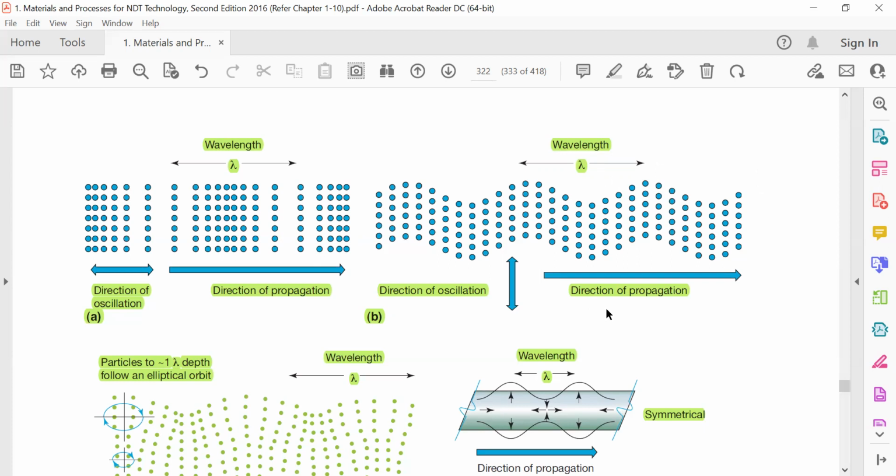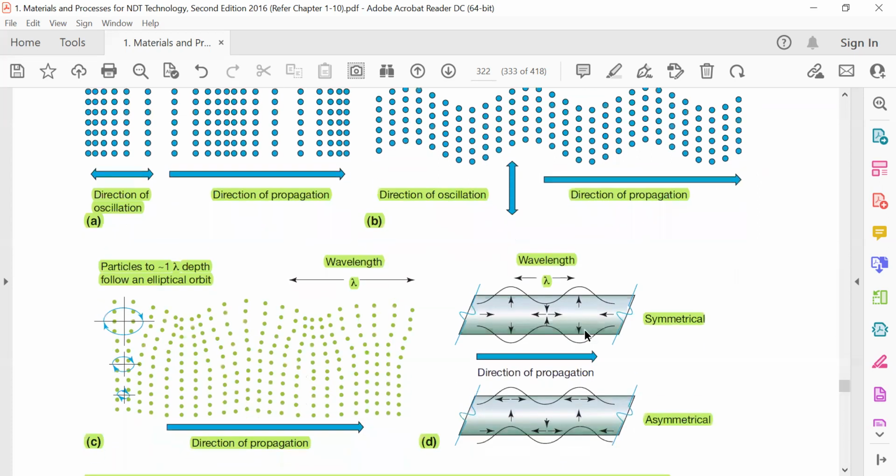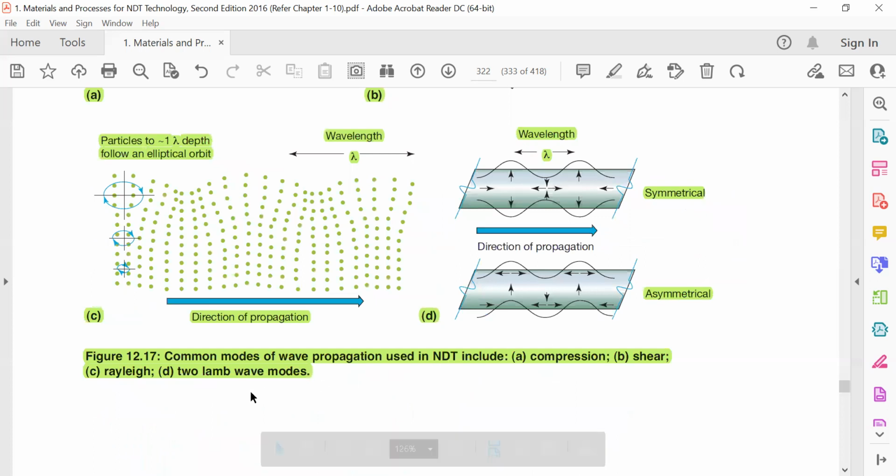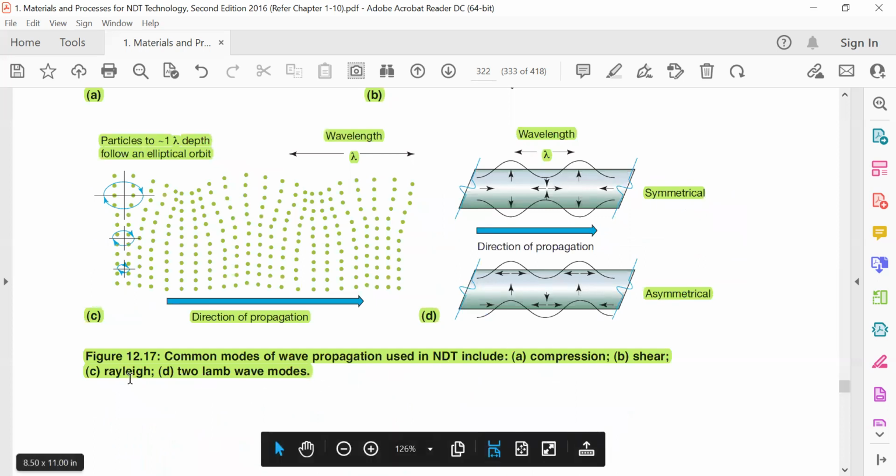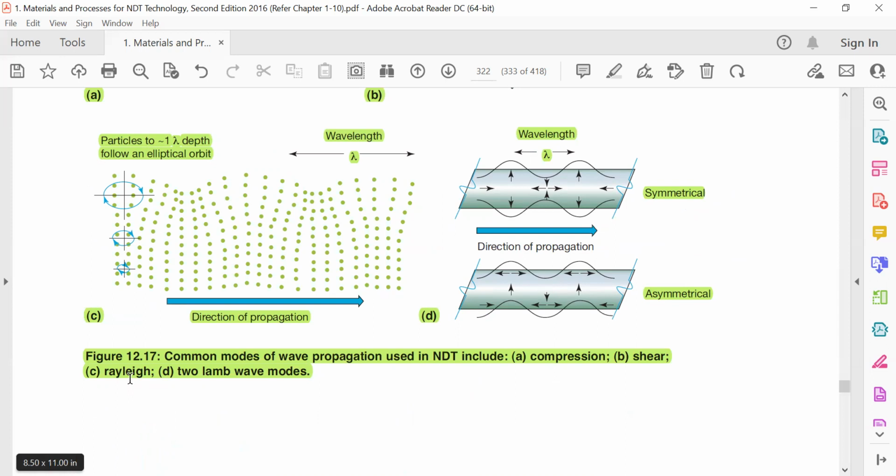Then the Rayleigh wave, or surface wave, elliptical, and then the Lamb wave or plate wave, symmetrical and asymmetrical.